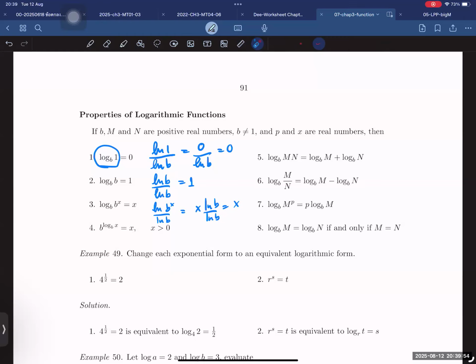All right. How about number 4? Let's see. If we have b to the power of log x base b, this is like b to the log of x divided by log of b.